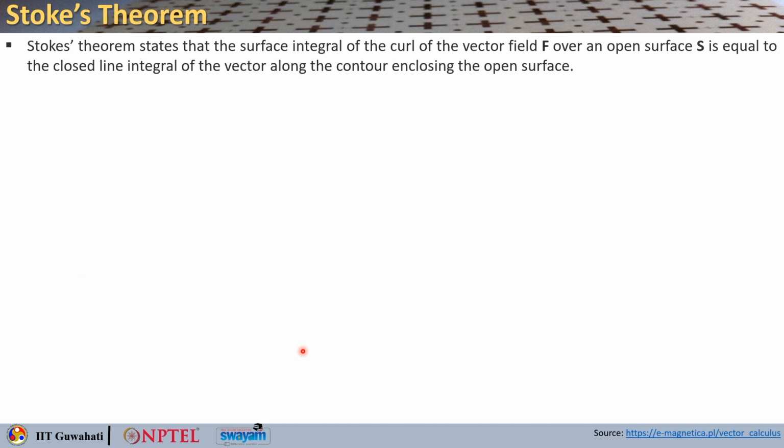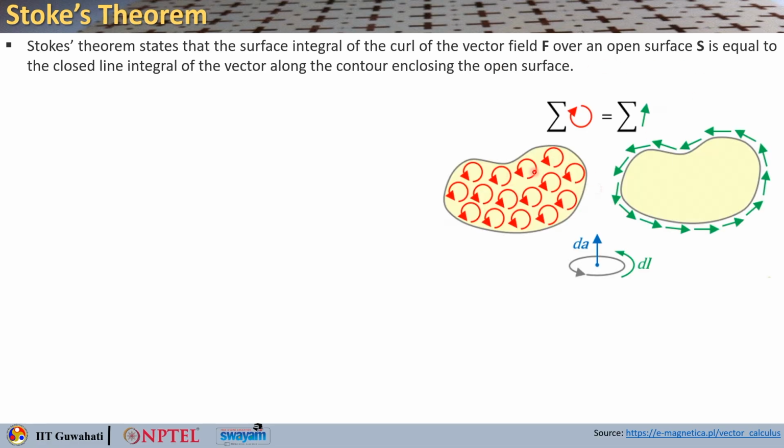Now, let us look into the other theorem, which is also very important, the Stokes theorem, which states that the surface integral of the curl of a vector field F over any open surface S is going to be equal to the closed line integral of the vector along the contour enclosing the open surface.